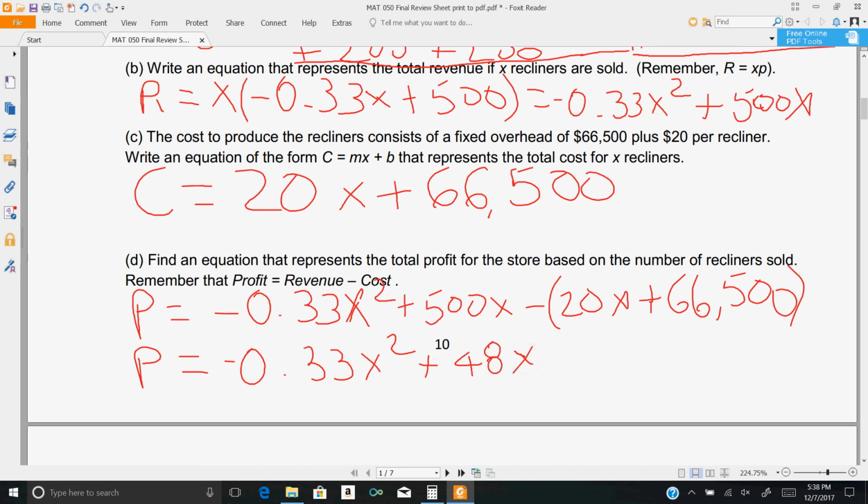And since I'm subtracting the parentheses, I also have to subtract the 66,500. If you think about it, if you're subtracting the cost, you need to subtract the fixed costs as well. You don't want to add the fixed costs. So we have to subtract the 66,500. And it looks like that's the end of page 10. Go ahead and do page 11, see if you have questions on that.